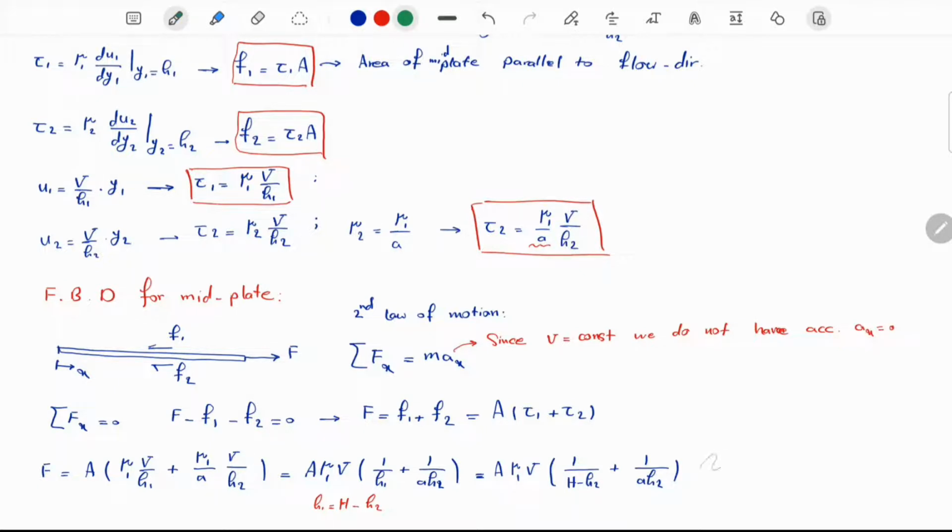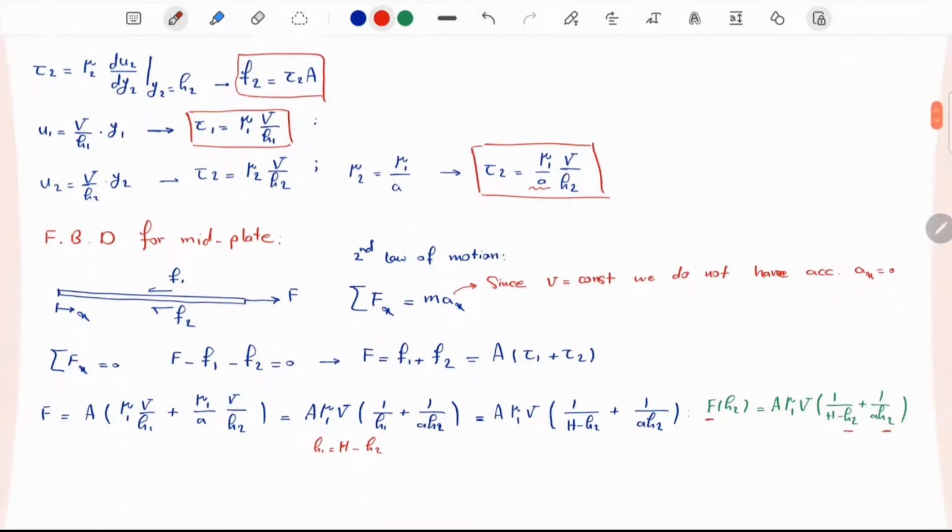Now we have the first step done. Force as a function of H2 equals A mu1 capital V multiplied by 1 over capital H minus H2 plus 1 over AH2. This is our first step. We obtain the relation between F and H2.